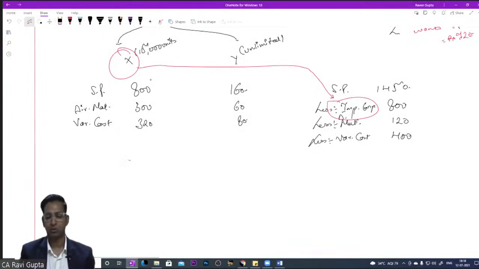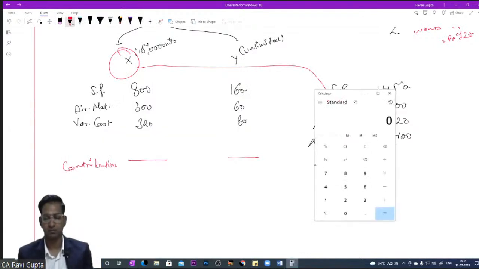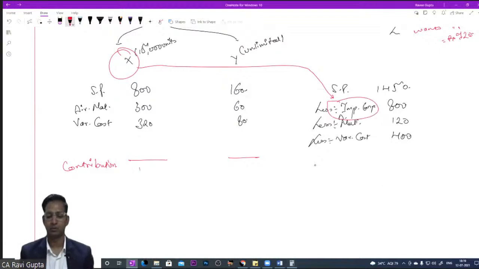We will be calculating the contribution per unit. This is 800 minus 300 minus 320, it's 180.